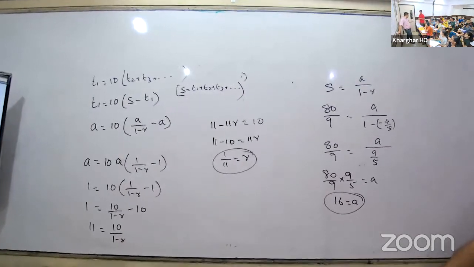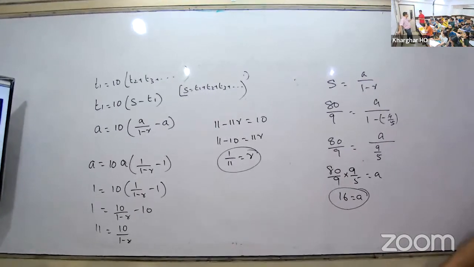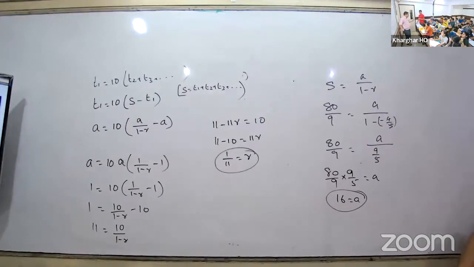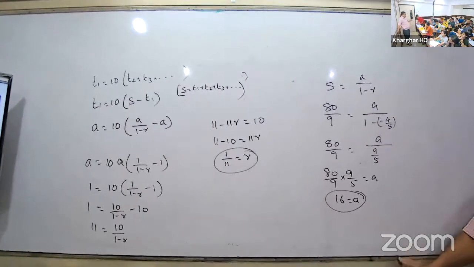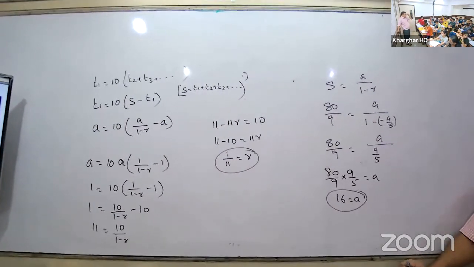Insert 3 arithmetic means, insert 5 arithmetic means, find the arithmetic mean between. How many times do you have to write? Next, what do you mean by arithmetic mean?